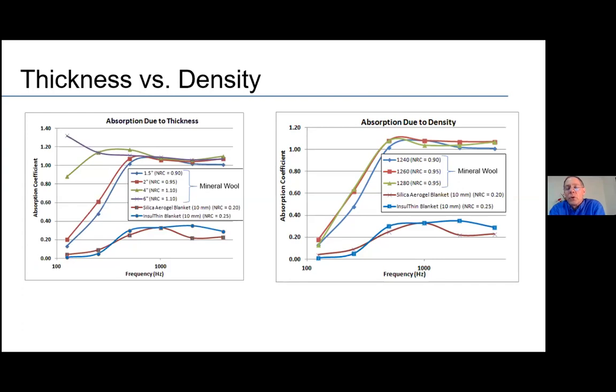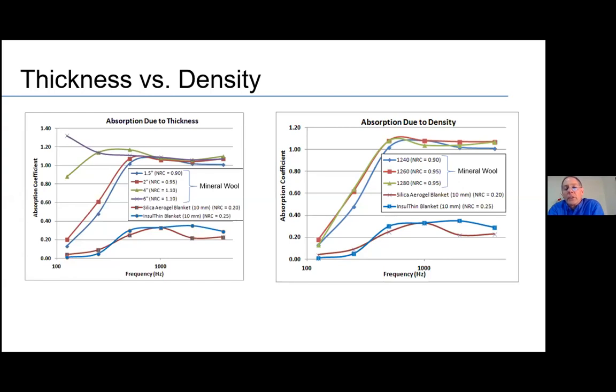And then if you go over to the chart on the right, where we're looking at the absorption coefficient of the materials due to changes in density, the 3 upper curves are 3 different density levels of mineral wool, all at the same thickness. You have a 4-pound, a 6-pound, and an 8-pound mineral wool being compared, each of which has an NRC represented in the chart there, noise reduction coefficient.